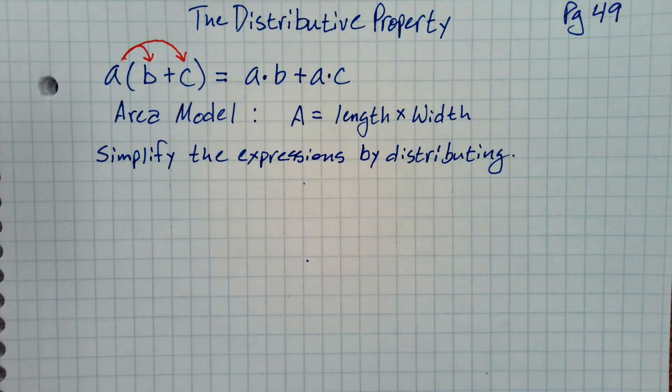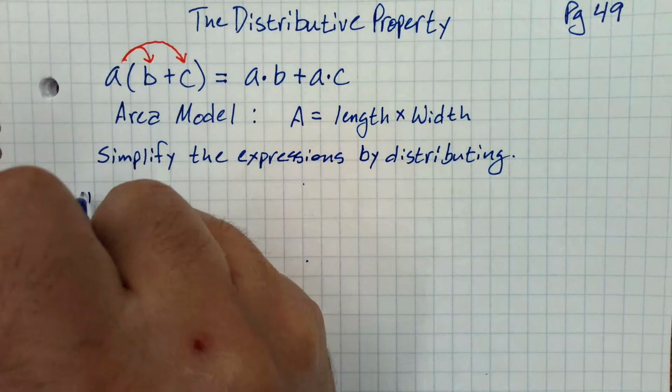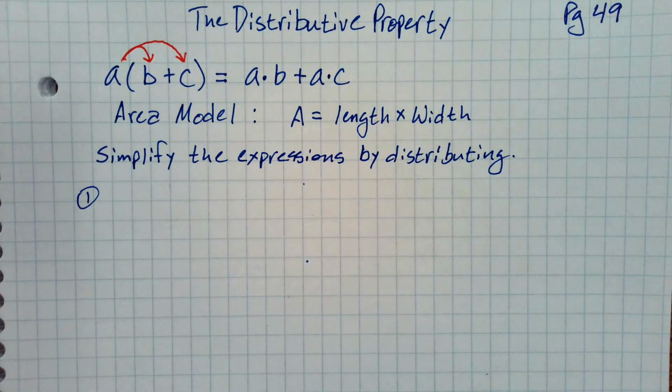Okay. But we're also going to use an area model. This is going to help us, especially next year when we start multiplying polynomials. We'll learn what those are. That's an algebra thing we'll do next year, and when we start factoring polynomials, again, next year. But we're going to lay the groundwork for all that this year.